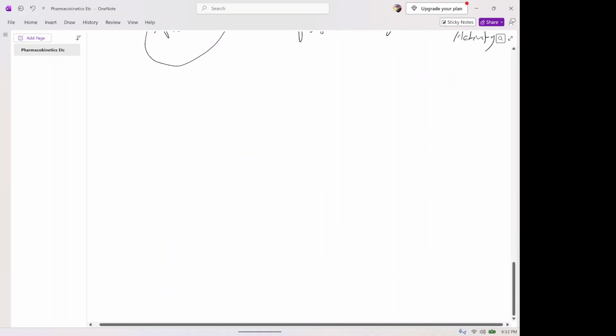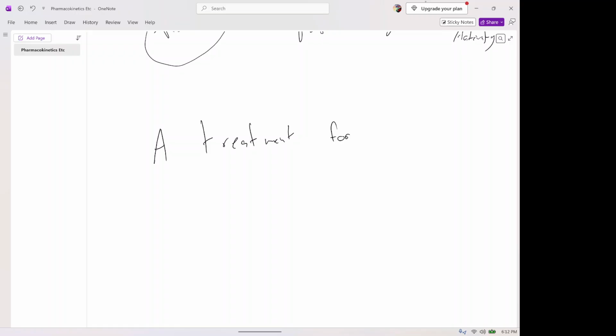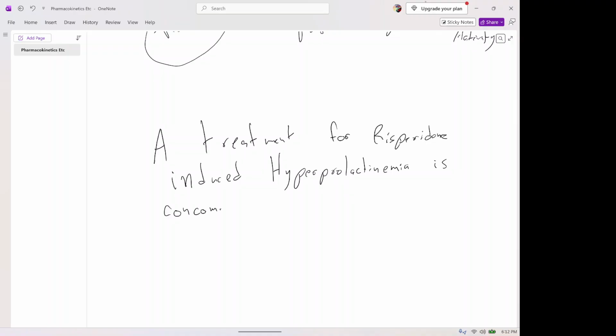So, therefore, a treatment for risperidone-induced hyperprolactinemia is concomitant prescription of Abilify. My spelling could be off here.